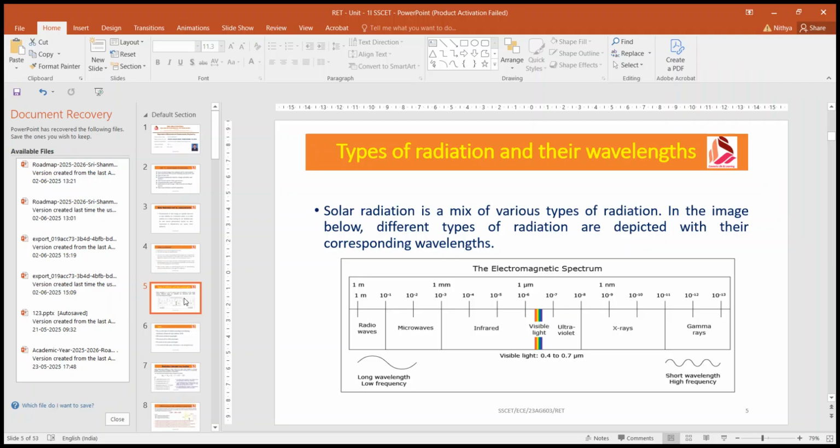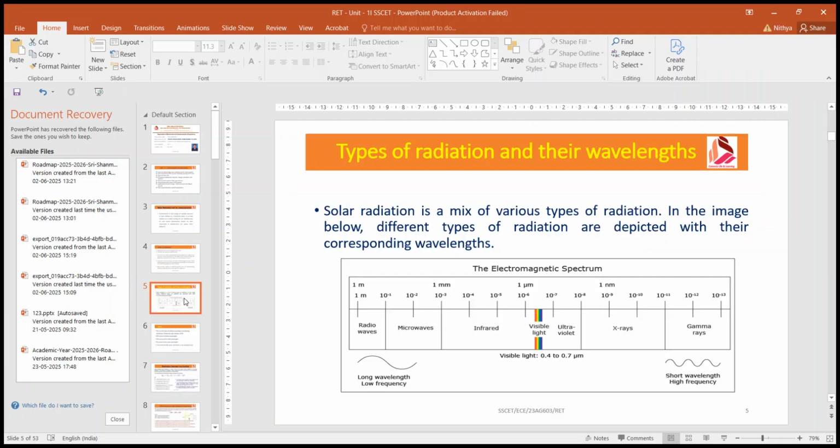Normally X-rays and gamma rays are highly sensitive radiations. Like in your hospital, there is an X-ray or any type of CT scan, something like this. In these cases, this type of electromagnetic spectrum is sprayed so that the particular radiation affects your body and scans it. What all will happen there, I will discuss.